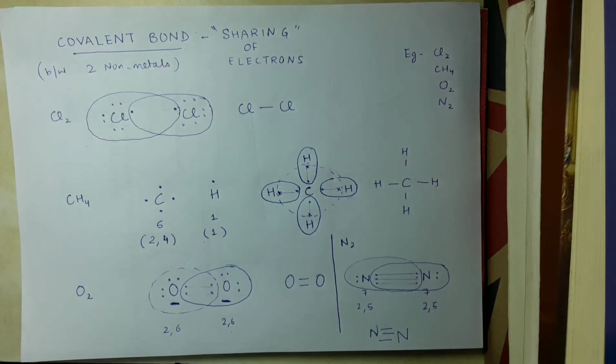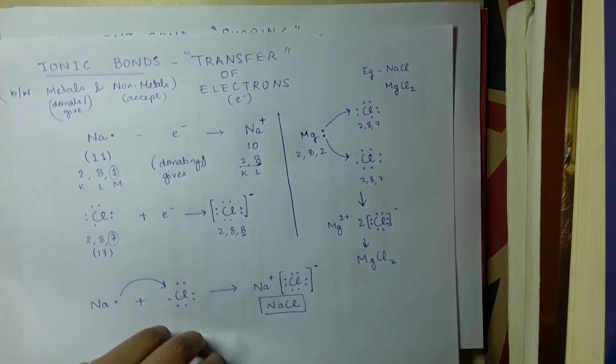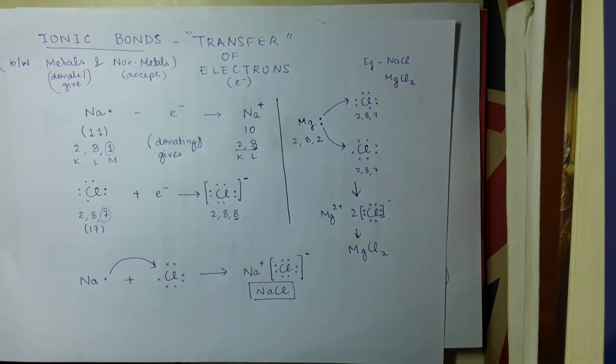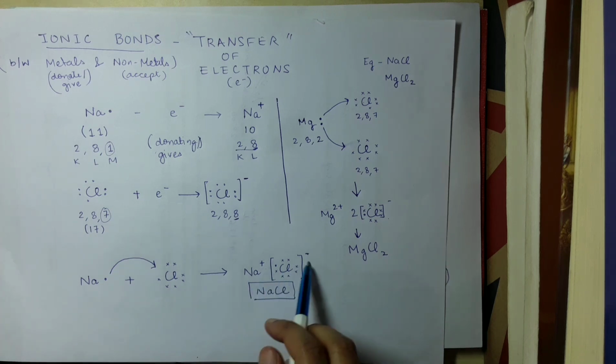We covered ionic bonds. Ionic bonds are formed by transfer of electrons, and they are between metals and non-metals. Also, one thing I would like to tell you is that since ionic bonds are made up of ions, one carrying a positive charge, one carrying a negative charge, they are very, very strong bonds. They would have really high melting and boiling points, because they have a very strong force of attraction between the positive and the negative.